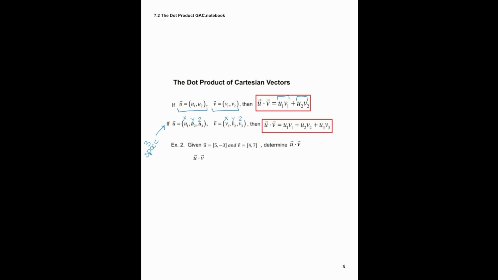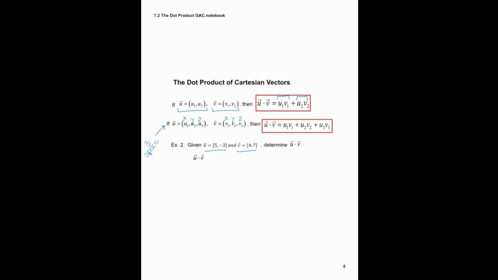Okay, so let's look at one final example. Given vector u equals 5, negative 3, and vector v equals 4, 7, let's determine u dot v.